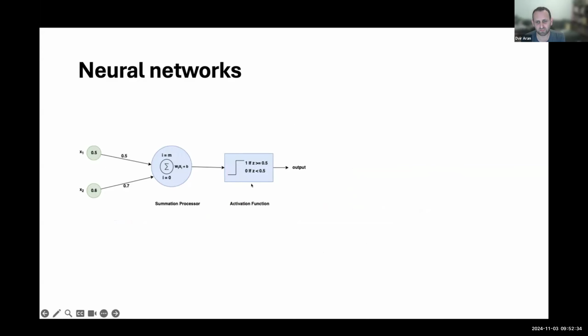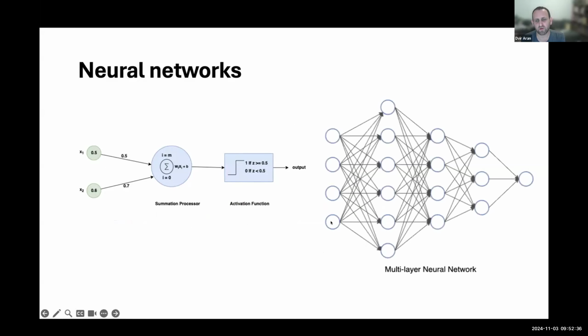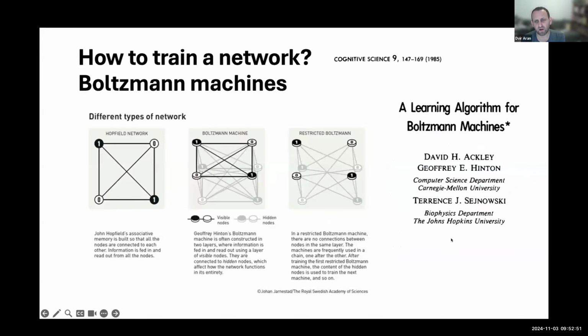But then we have this multi-layer neural network where we have many inputs, we have many neurons, and we can have many layers, and as the information passes through this network, we can apparently learn very interesting things. So we already talked about the Hopfield network, which was a very simple network to do this kind of learning.